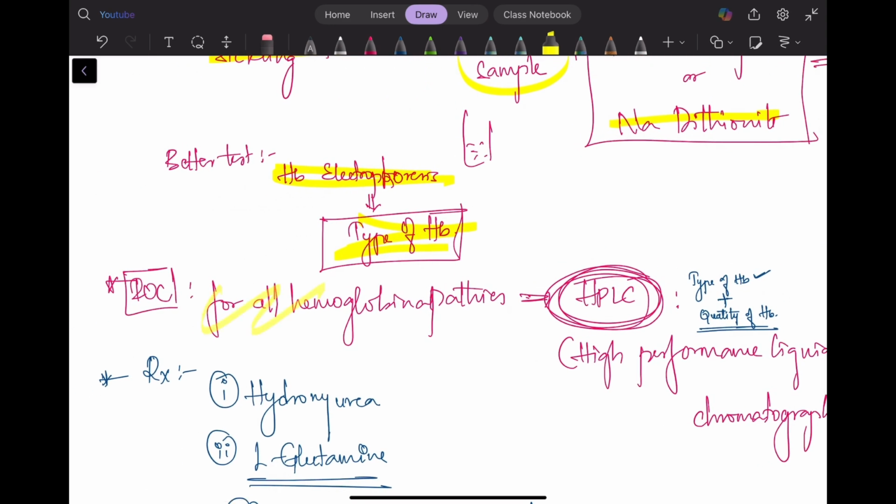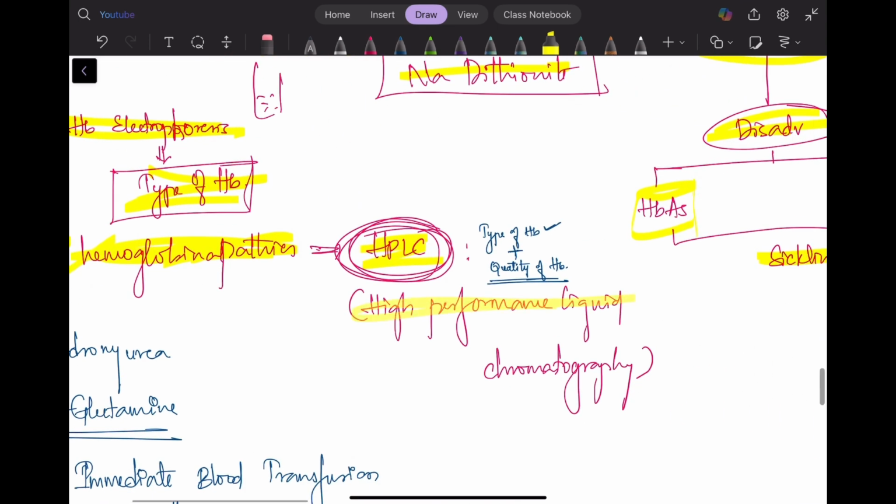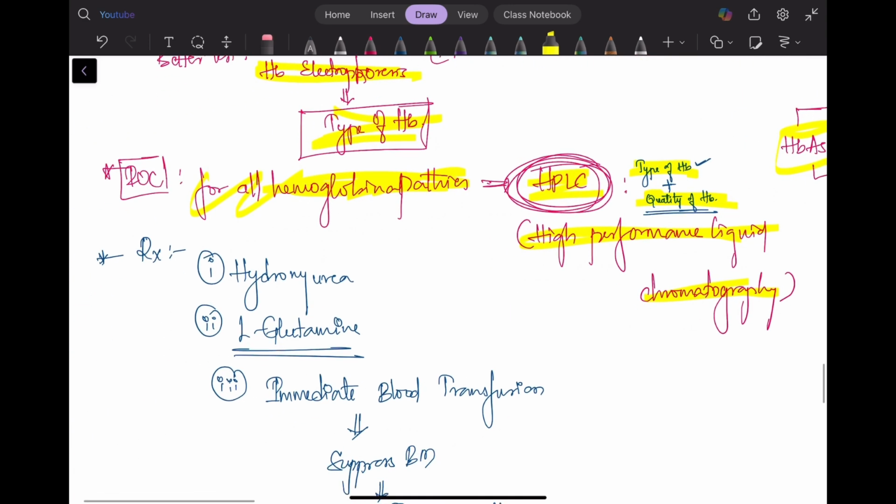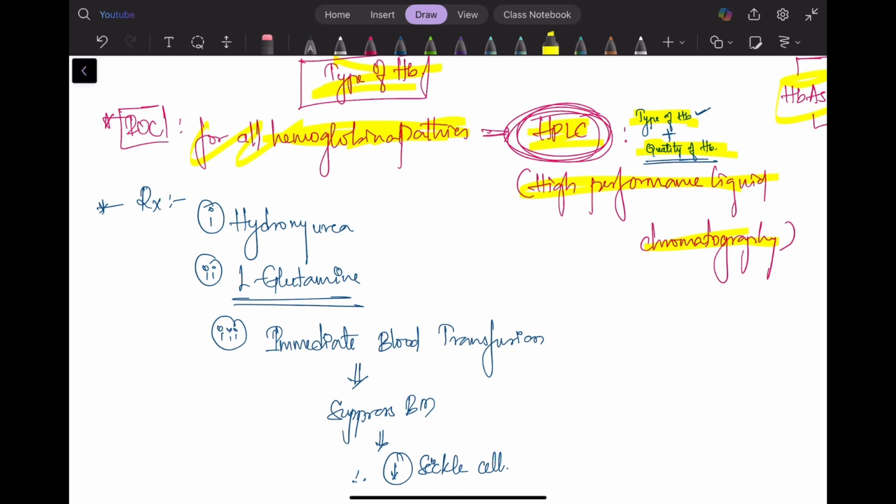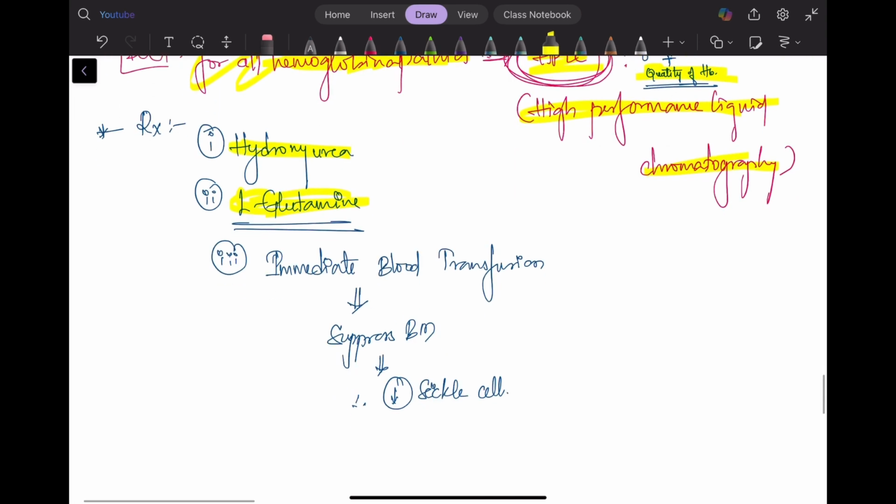And we have the investigation of choice for all hemoglobinopathies, that is HPLC, high performance liquid chromatography, which tells your type of hemoglobin and quantity of hemoglobin. So at last, treatment: we have hydroxyurea, which I discussed in detail under acute chest syndrome. Then we need to give L-glutamine because it is deficient, so we have to replace it. Then immediate blood transfusion to suppress the bone marrow so that it won't produce more sickle cells, right?